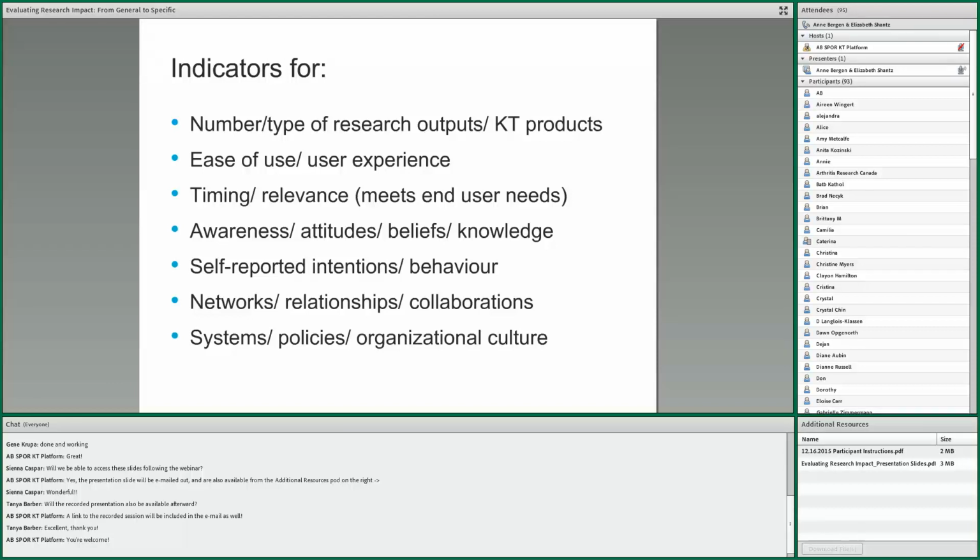What sorts of collaborations are happening? And then even more broadly, what are the systems changes in policy and organizational culture? And these higher level, broader changes are typically going to be reported not just by getting somebody to fill out a survey, but really interviewing them in depth and creating a case study about that research impact.